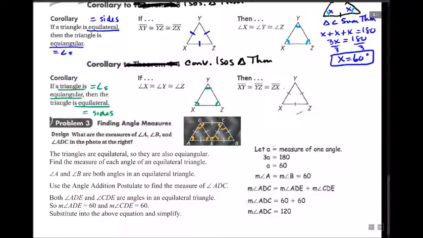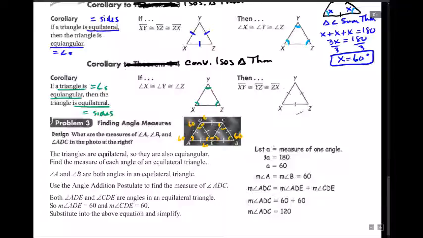And then I want to know what's the measure of angle A. Well, it's an angle in an equilateral triangle, so it has to measure 60 degrees. And so does this angle. And what else we asked? Angle B. Angle B has to measure 60 degrees. And so does this angle, and this angle, and this angle, and this angle, and this angle.